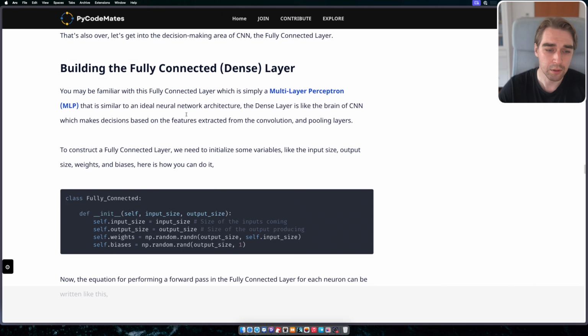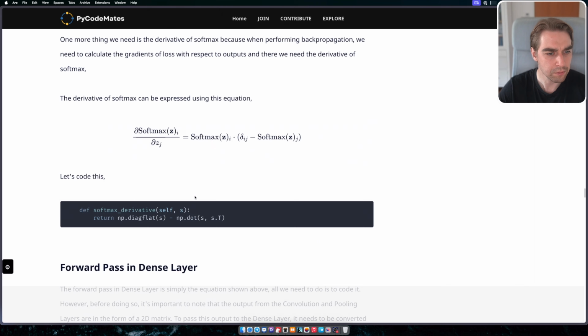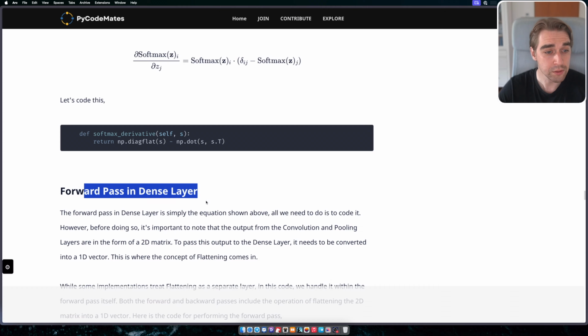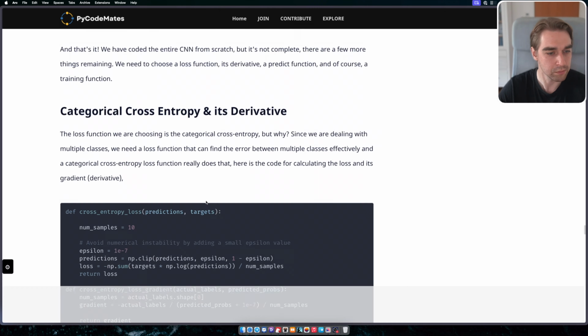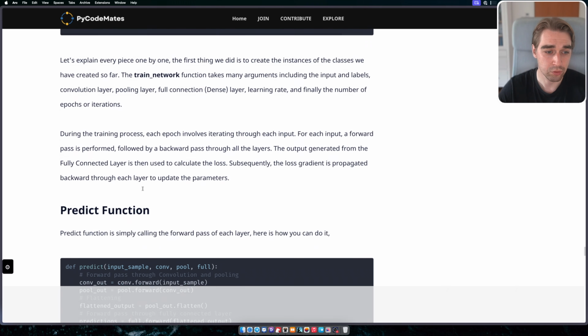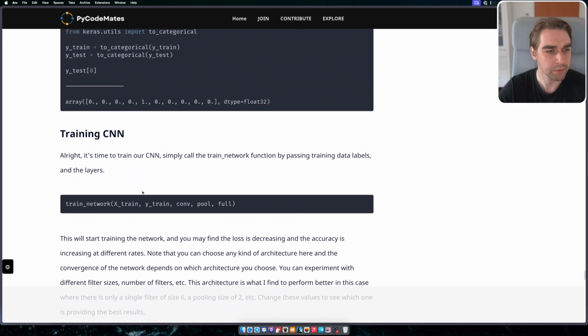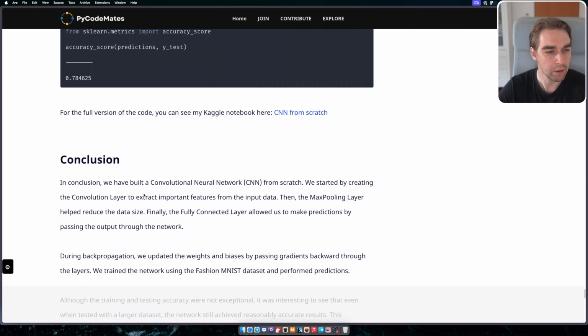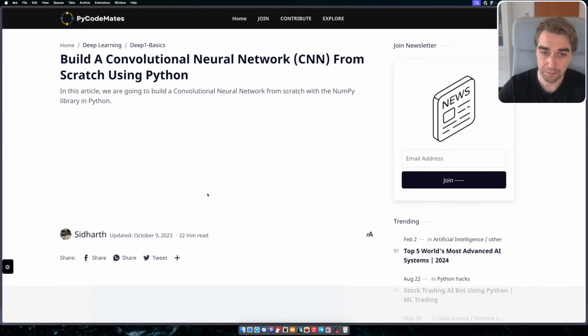Building the fully connected dense layer, which we already have. We have the forward pass in the dense layer, those are implemented. Cross entropy loss, we have it, and there is a train function, predict, perform classification, and training. So this is what we have.